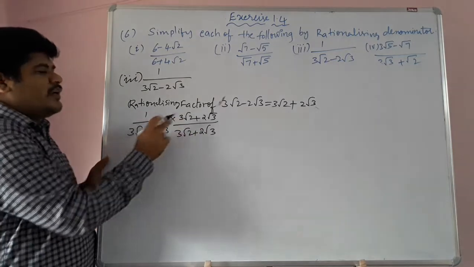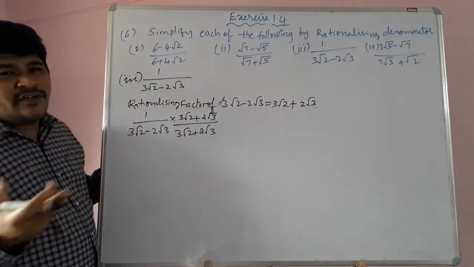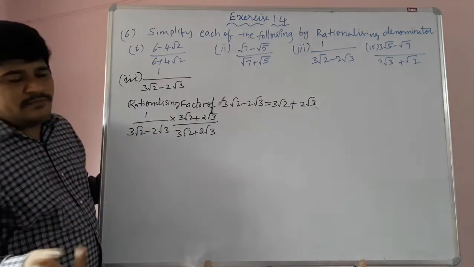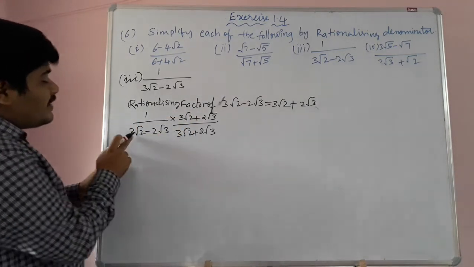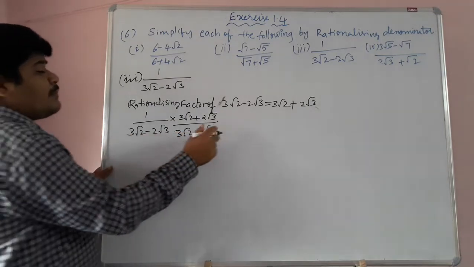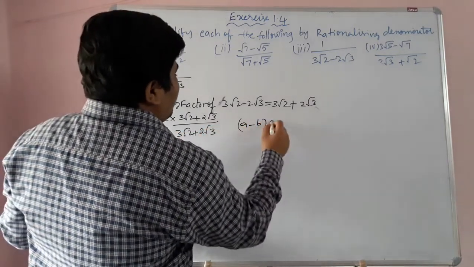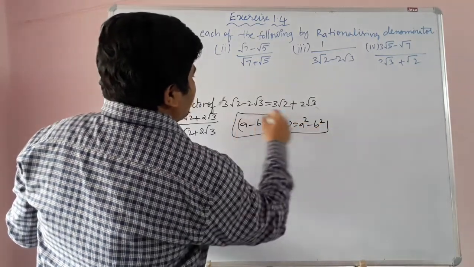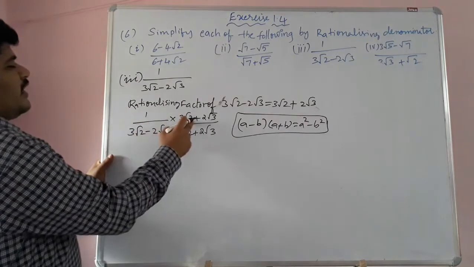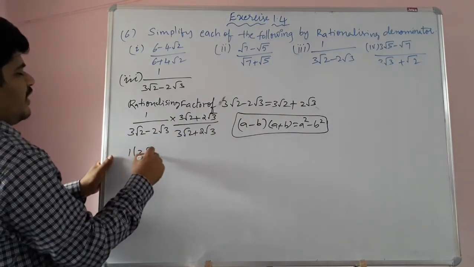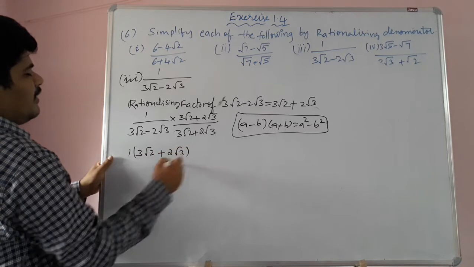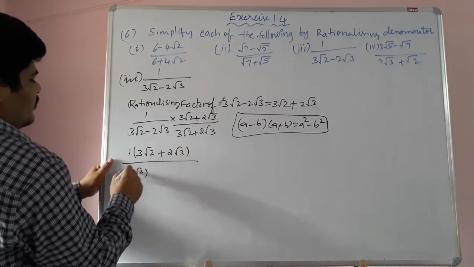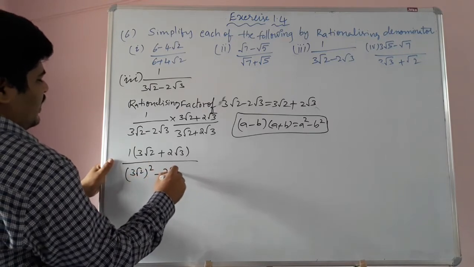So numerator into numerator. Students, here 1 is there. So 1 into anything gives the same number. 1 into x is x. So 1 into this expression is the same expression. Now the denominator is in the form of a minus b into a plus b, where a minus b into a plus b gives you a square minus b square. Okay, so numerator into numerator, that is 1 of 3 root 2 plus 2 root 3 by a square minus b square. So 3 root 2 whole square minus 2 root 3 whole square.